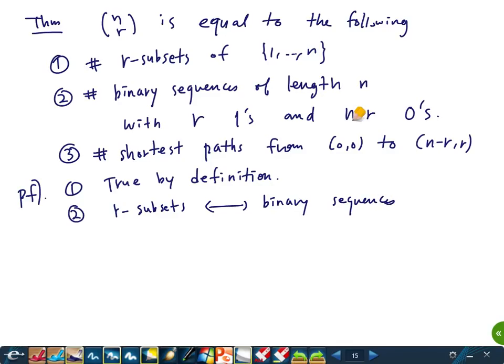Okay? But if there is a bijection between two sets, then of course their cardinalities are the same. So suppose we have a set A, then I'm going to define a binary sequence of length n as follows. a_i, because it's a binary sequence, is 0 or 1. This is 1 if i is in A and 0 otherwise.